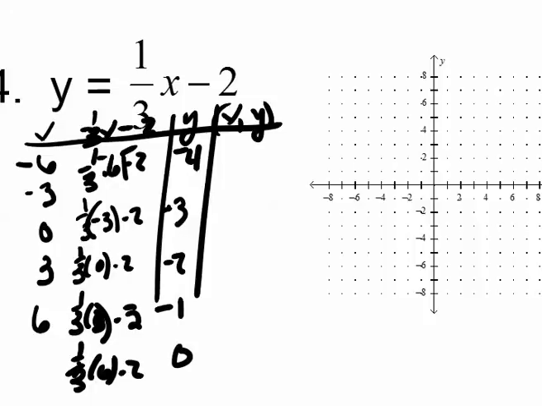So we're going to graph without rewriting our ordered pairs: (-6, -4), (-3, -3), (0, -2), (3, -2), and (6, 0). We're missing one here. (0, -3) should be right there.